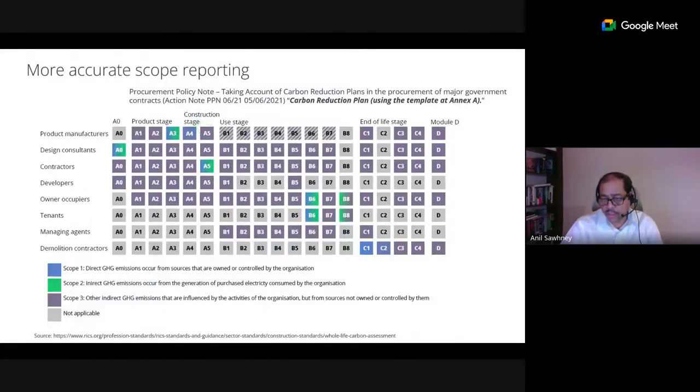So basically, if you are a contractor, most of it will go into scope 3. As a developer, same situation. So this table helps guide where scope 1, scope 2, scope 3 emissions can map to which life cycle stage. Now, why is this important?